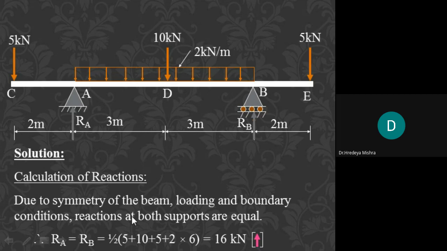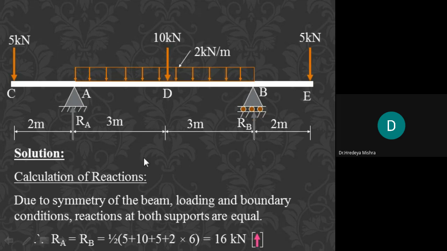But here is a special case, because this diagram follows symmetry. D is the center point of the beam, and on the left-hand and right-hand sides of the midpoint, the same loading condition is there.